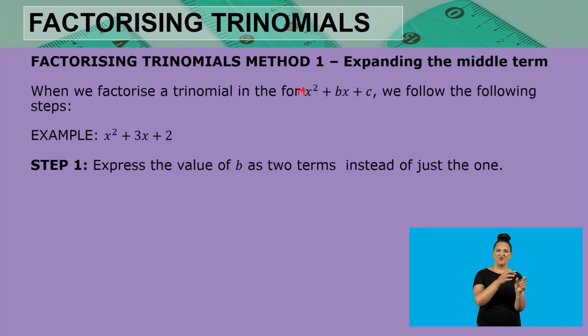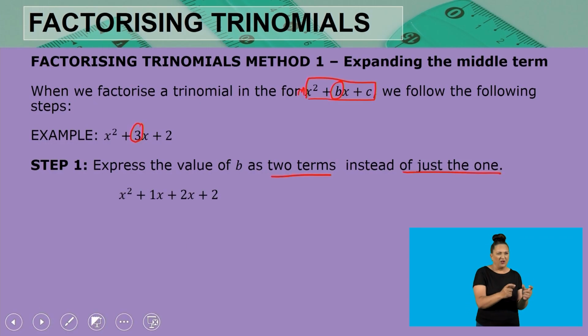If you're asking yourself which one is the value of b, do you remember this form that we wrote down here? We said that this form is x squared plus bx plus c. So the value of b is the coefficient of the x. In this case, our b is the 3. So we are going to express that 3 using two terms instead of just one.